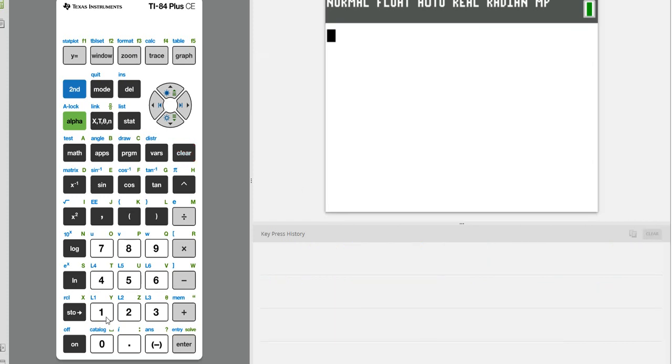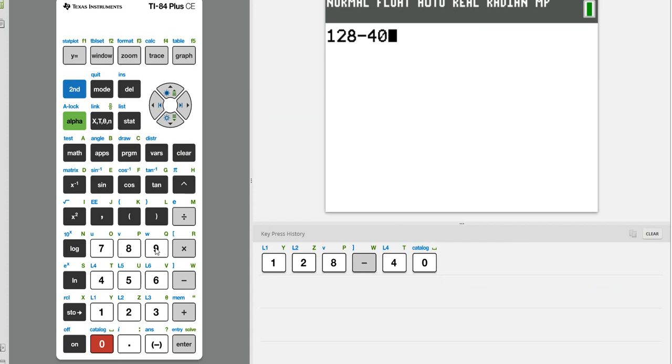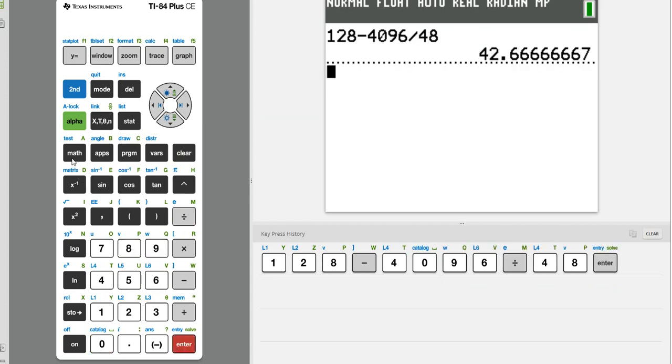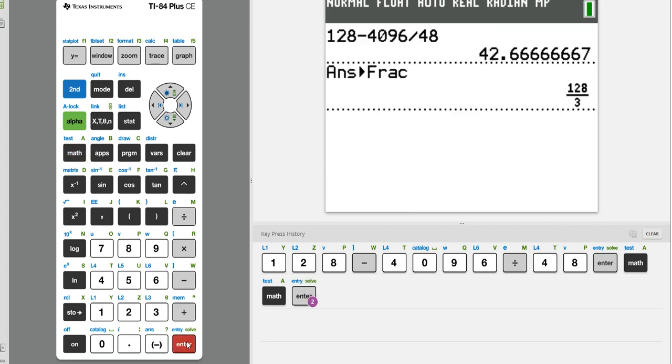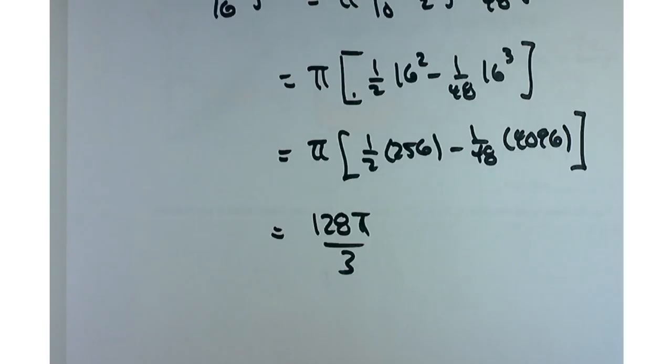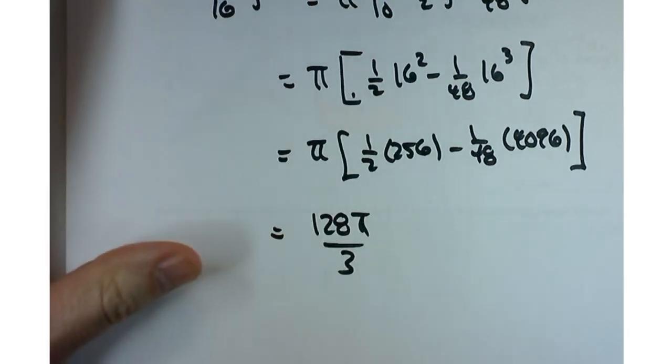So 128 minus 4,096 divided by 48. And let's hit the answer to fraction key. So 128 pi over 3. Whew. Good one. A lot of work to get that one.